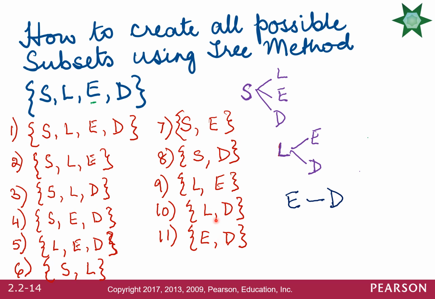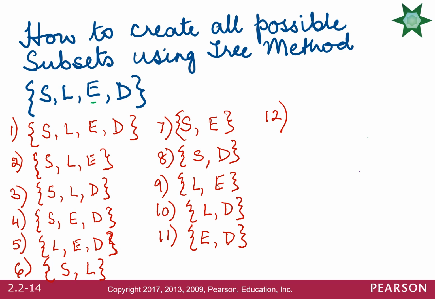So now the next one is subsets with 1 element in them. So again, let me erase this tree so we can make space for subsets with 1 element. So number 12 would be for those subsets with 1 element. You do not need to create a tree. All right, you just list each of these elements separately in roster form.